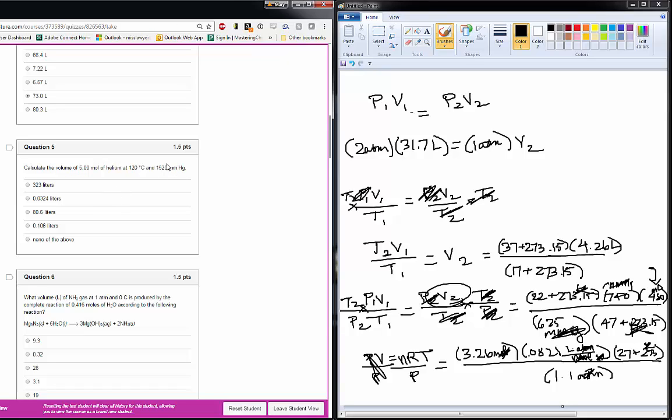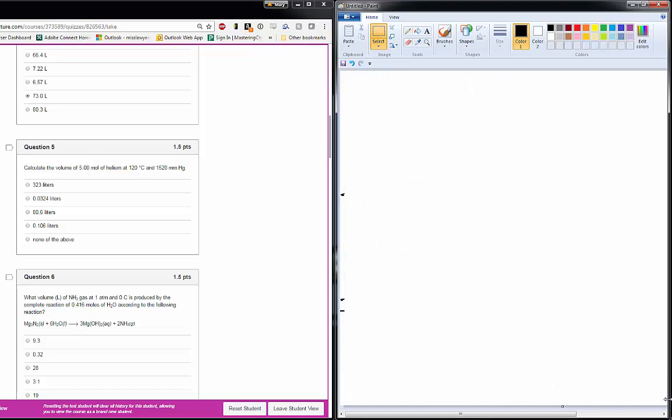Except that now they gave me the pressure in millimeters of mercury. So that's going to take me an extra little step to convert between millimeters of mercury to atmospheres. Again, that's given to you on the test, so you don't have to memorize that 1 atmosphere is 760 millimeters of mercury.